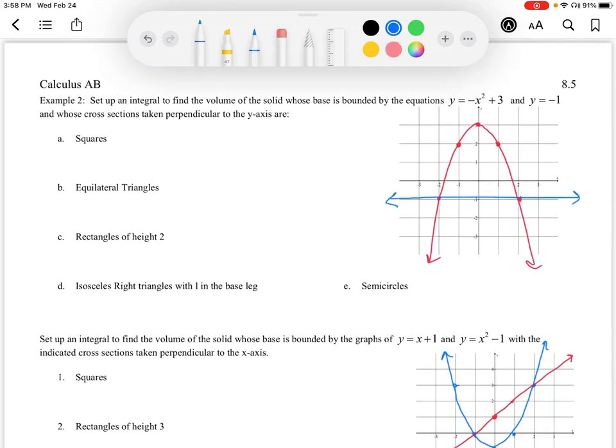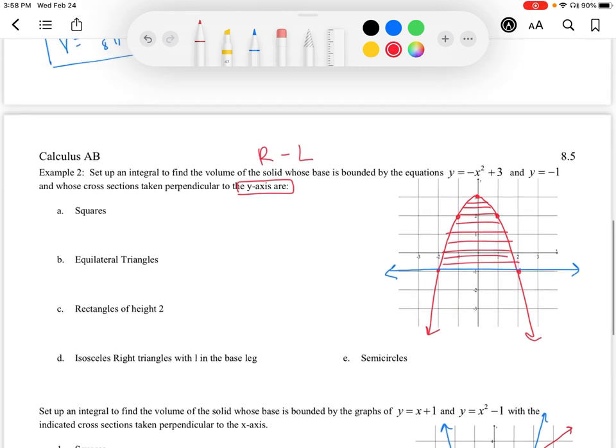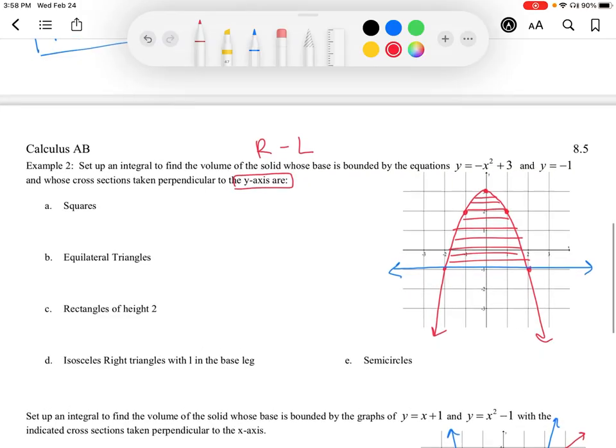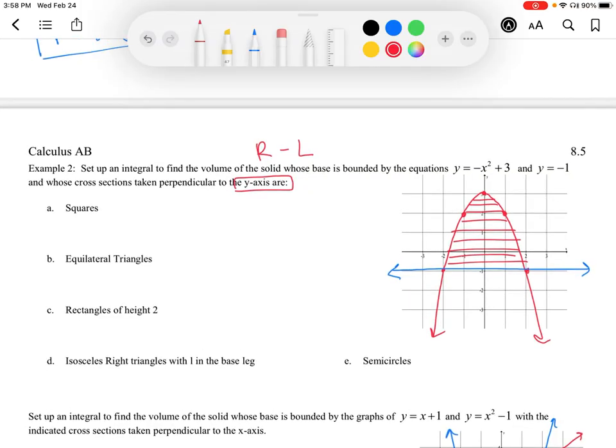Set up an integral to find the volume of the solid whose base is bounded by these equations and whose cross sections are perpendicular to the y-axis. That means we're going this way, and it's going to be a right minus left. So I need to figure out what my right side is and what my left side is.